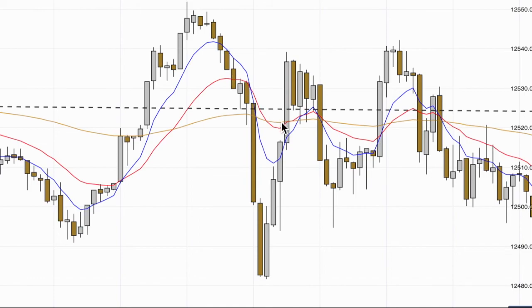What's stronger, that or that? Well, obviously people are going to be looking to go short because that's more powerful than, although that's powerful, this is more powerful. It's got more bars in it, and it's got the strongest bar on the chart as well, which was the 8 o'clock bar.